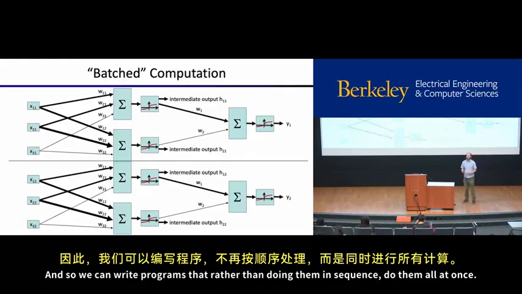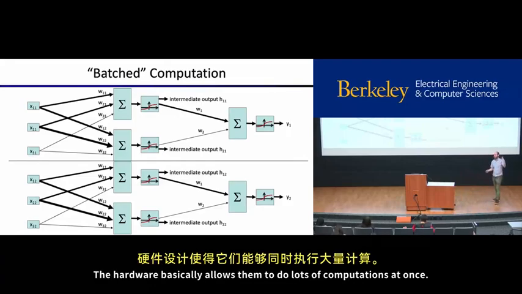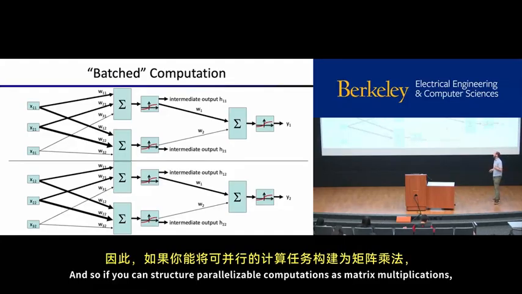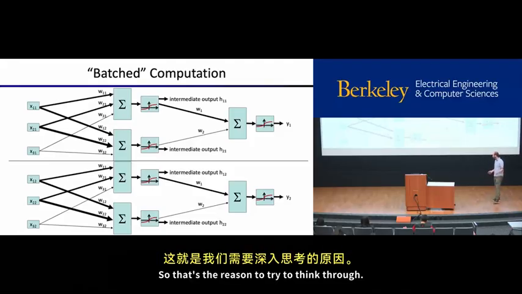So we can write programs that, rather than doing them in sequence, do them all at once. GPUs are very good at matrix multiplication. The hardware basically allows them to do lots of computations at once. So if you can structure parallelizable computations as matrix multiplications, you can get huge speed-ups on hardware that is specialized for that.